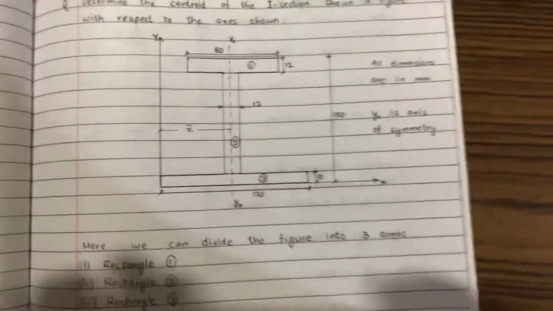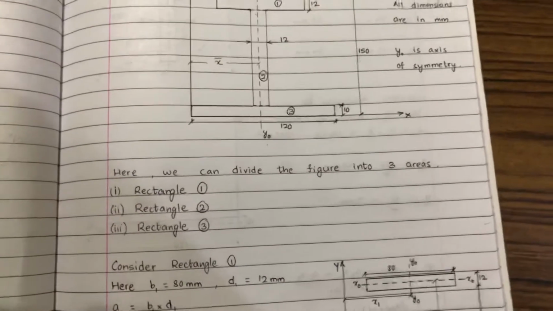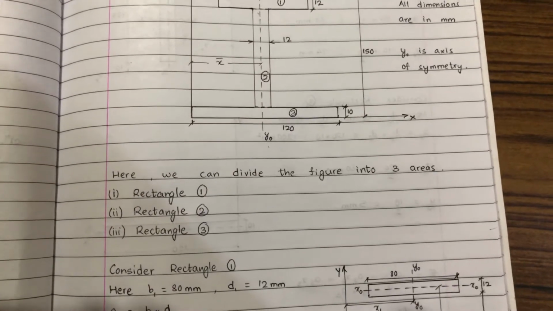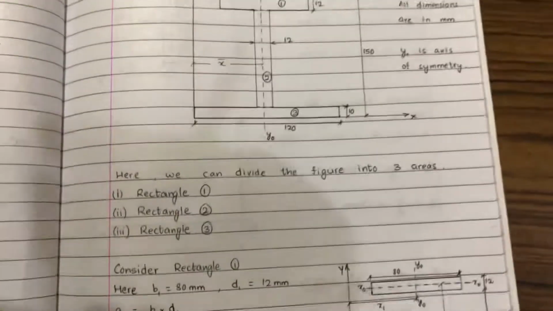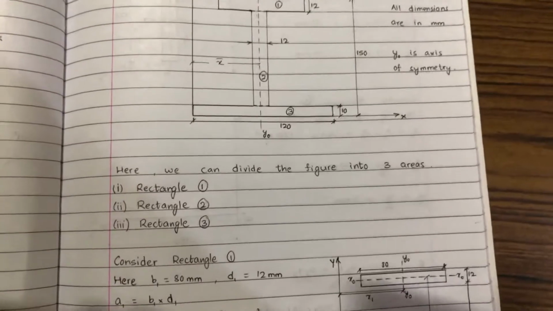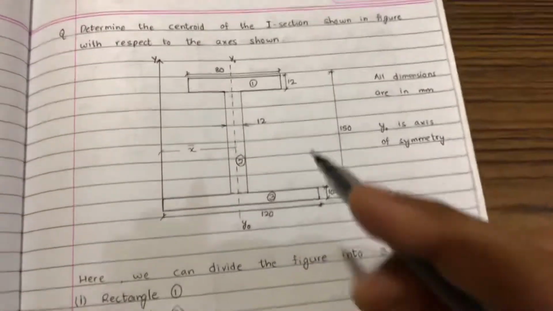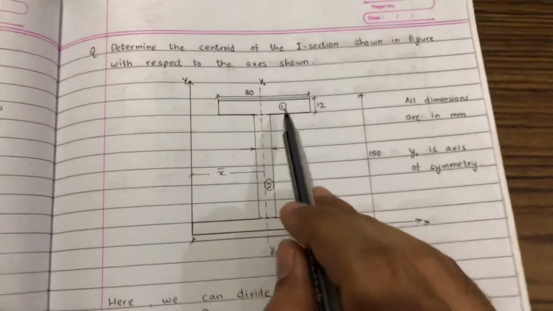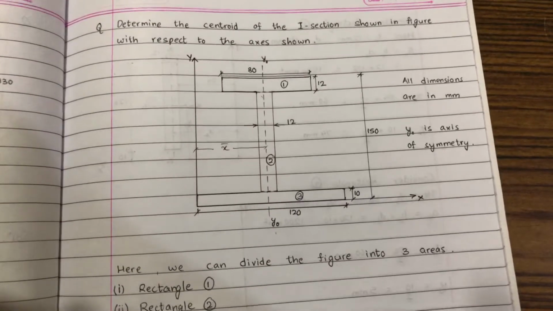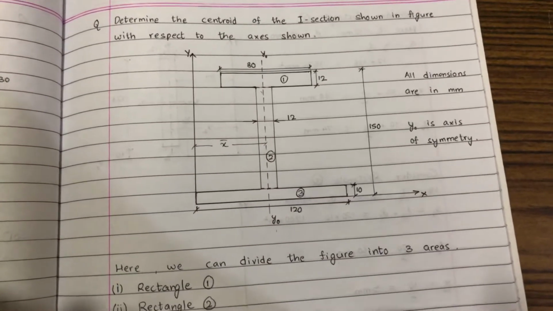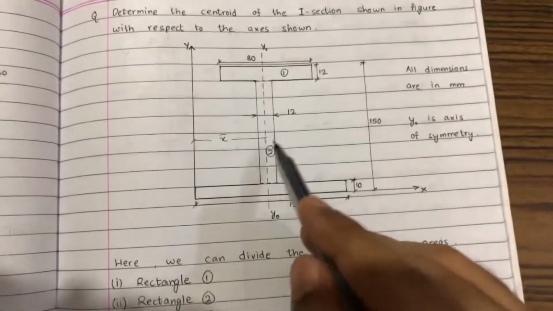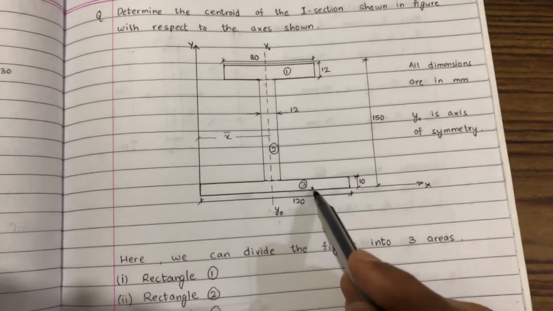Now how to solve this problem? Here we can divide the figure into three areas. Rectangle 1, rectangle 2 and rectangle 3. See, this is rectangle number 1. This is rectangle number 2. And this is rectangle number 3.